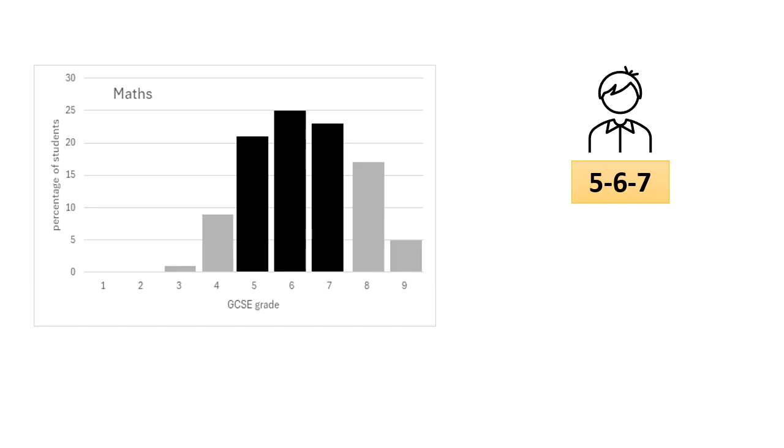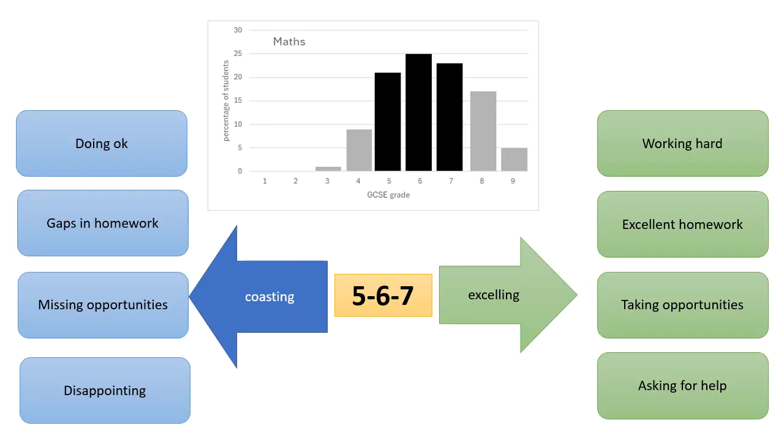So what does that mean? Well, let's put it like this. This person has a 5, 6, 7 as their indicator. However, it could go to the left of that. So maybe that's just the 5 and not the 6. Maybe it's the grade 4. Maybe it's even worse than that. What does that look like? Well, maybe they're doing okay. Nothing particularly dreadful is going on. It's kind of all right.